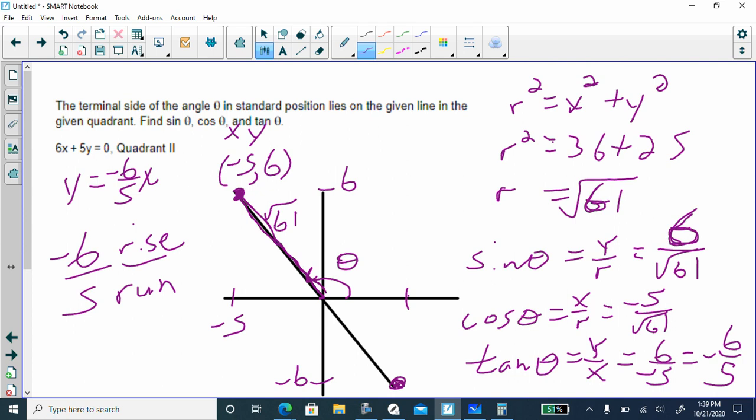That's not the only point that we could use on that terminal side, but by using that slope of that line, that makes it easy to come up with an ordered pair that's on that line. And to get sine, cosine, and tangent, we need an x, a y, and an r. So by using that ordered pair, that allows us to plug into our new definitions.